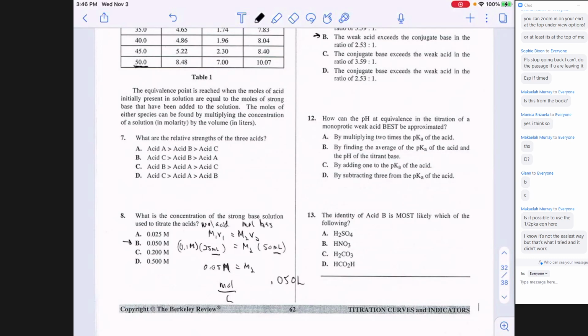So you have to do concentration times volume to get the moles. Okay, got it. Thank you. Yeah, apologies. When I thought about that, I was like, wait, you don't need to change them. No, you're fine. It's just lucky that it ended up being 0.05. That was the case for 50 milliliters.